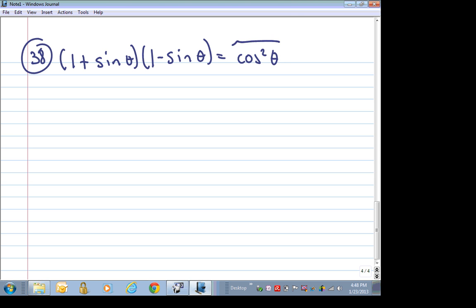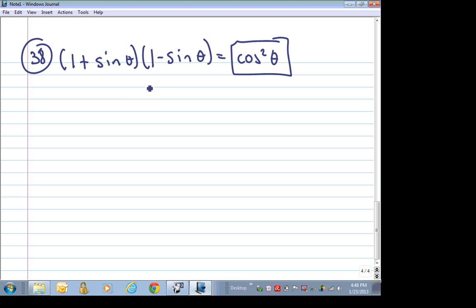So I'm going to put a box around this again and not bother it, not move anything to that side. I'm going to look over here. This is like a binomial. This is almost like the difference of squares if you look at it. These are two conjugate pairs, a 1 plus a value and 1 minus the same value. This we're going to FOIL together, but remember, because these are conjugates, it's like 1 plus x and 1 minus x, or x plus 1 and x minus 1.